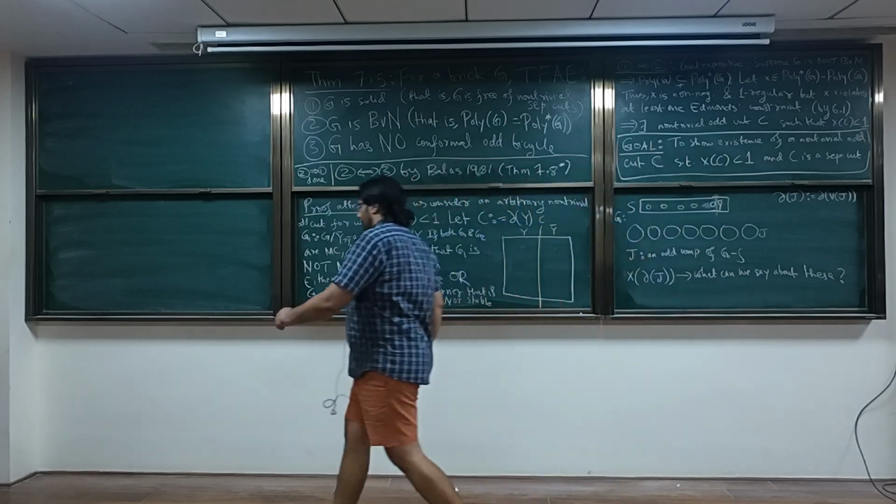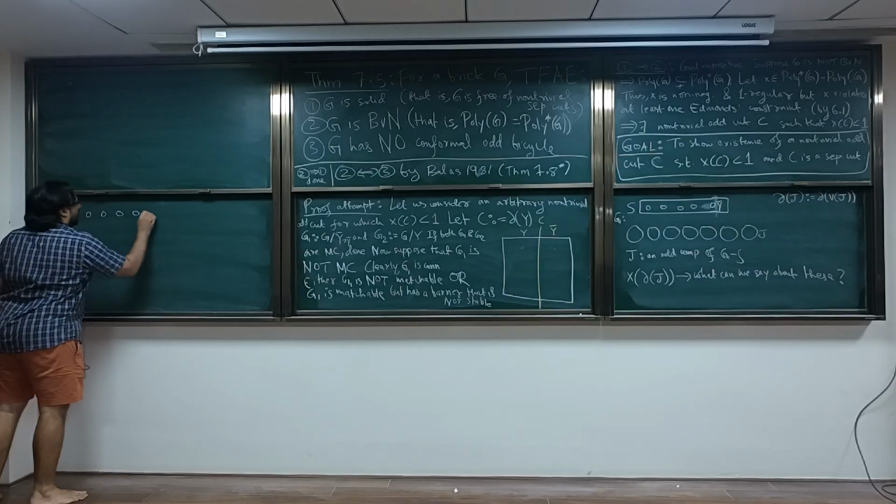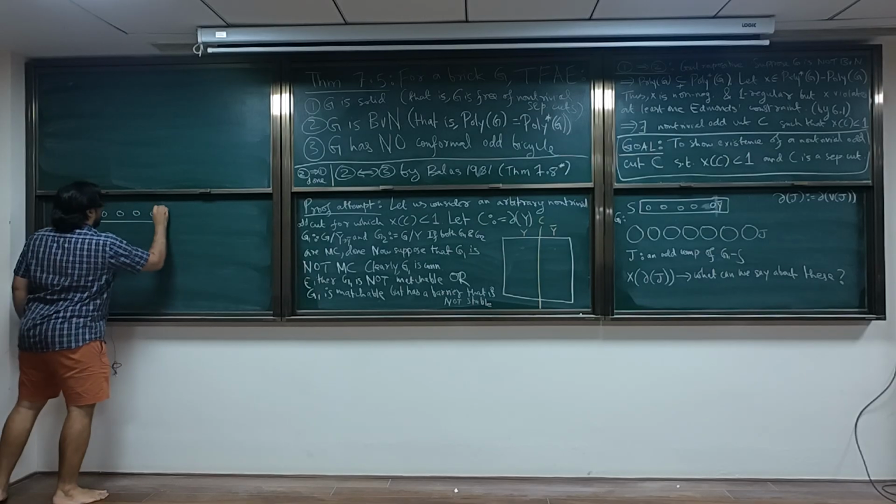This is one situation. The other situation is the graph is matchable and it has a barrier that is not stable.